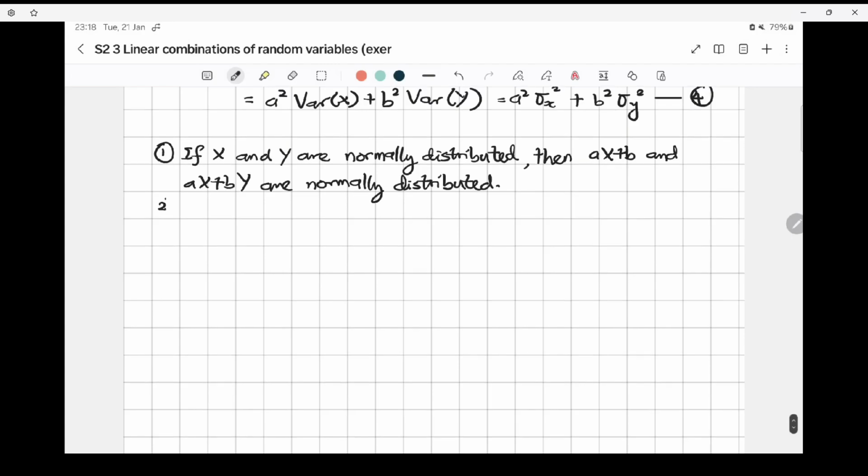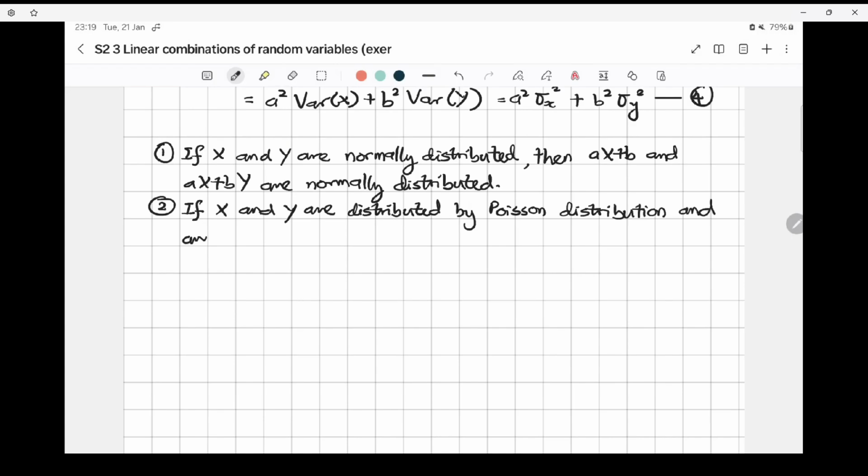The second thing is that if X and Y are distributed by Poisson distribution, and of course they have to be independent as well, then X plus Y will be distributed by Poisson distribution.